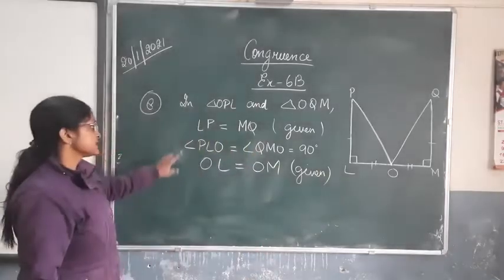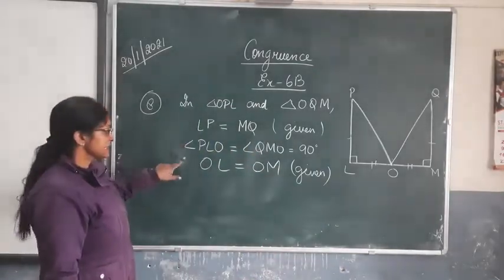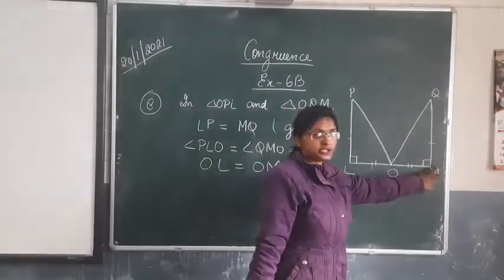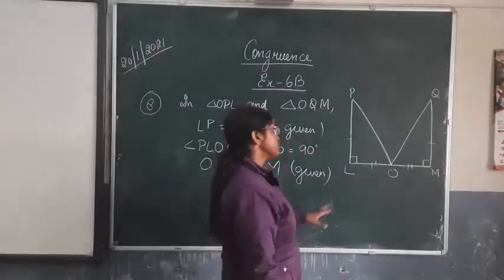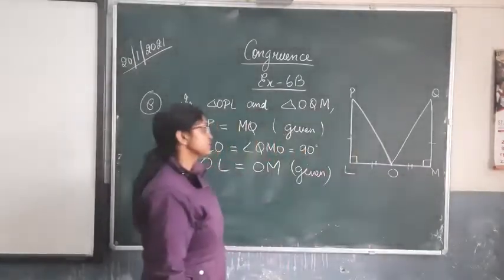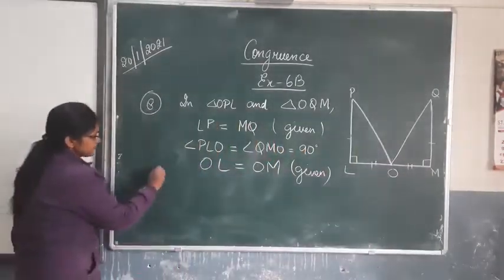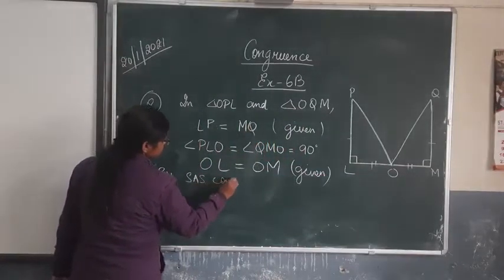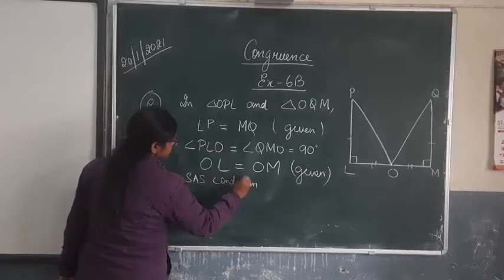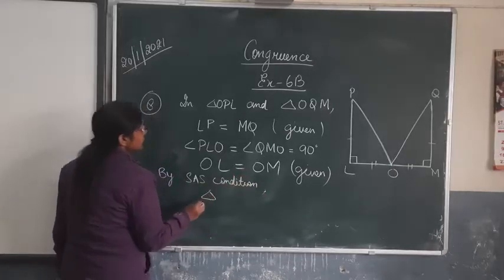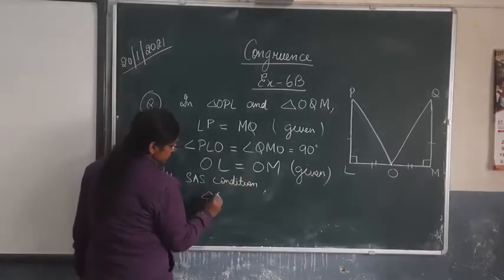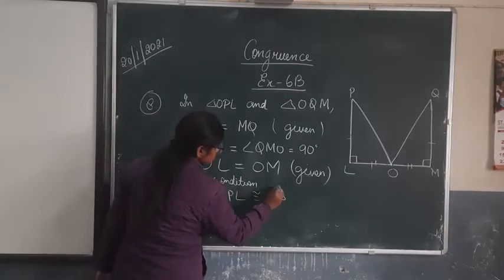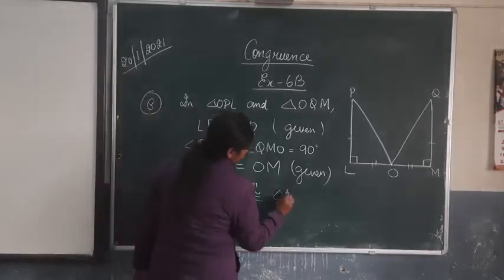So by side angle side, between two sides, one corresponding angle is equal to the other corresponding angle. So these two triangles will be congruent to each other. So you will write, by side angle side condition, triangle OPL is congruent to triangle OQM.